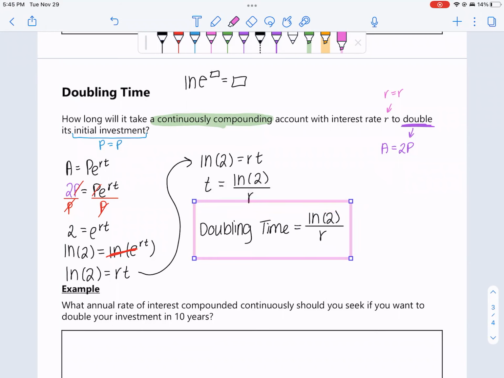It also can be rearranged in other ways. For instance, if instead of solving for doubling time here, you solved for interest rate, you would find that the interest rate r is equal to ln 2 over the doubling time.